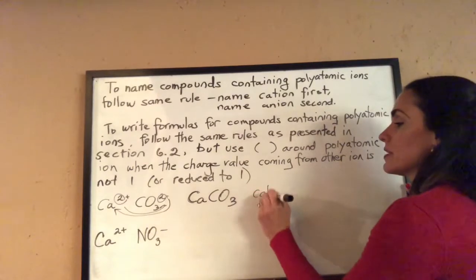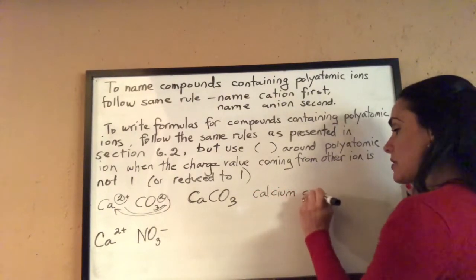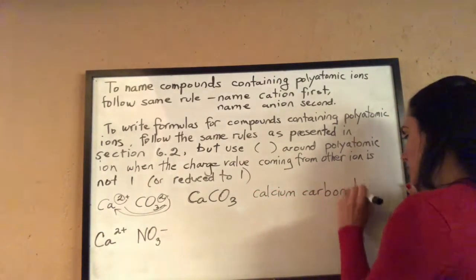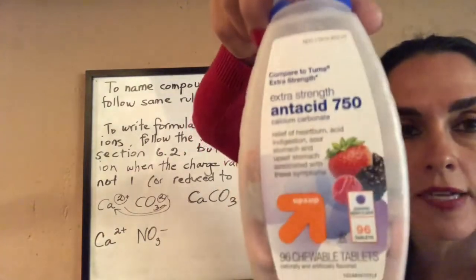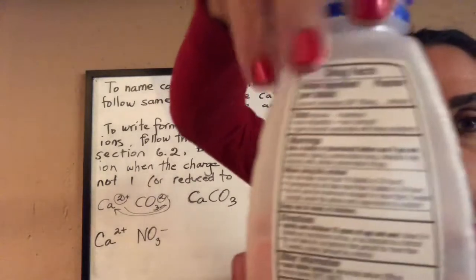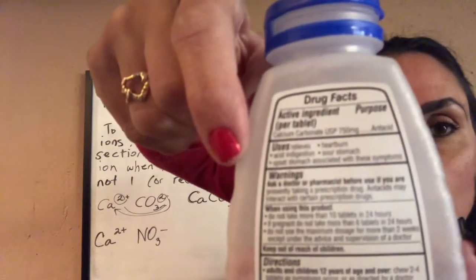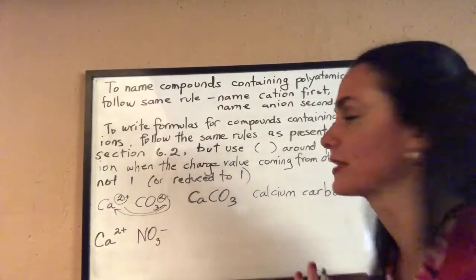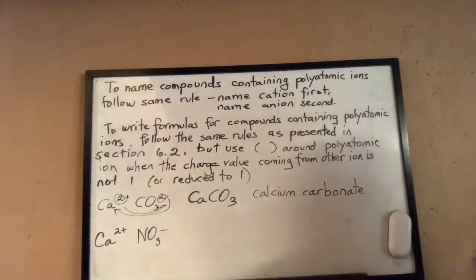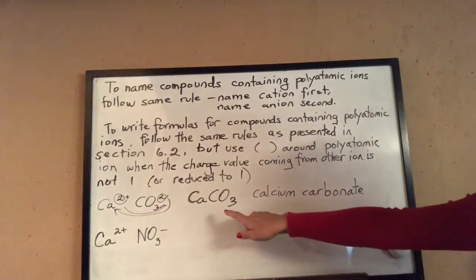The name is calcium carbonate, the active ingredient in antacids. Does it show? It gets blurry when I bring it in closer. No parentheses needed here.